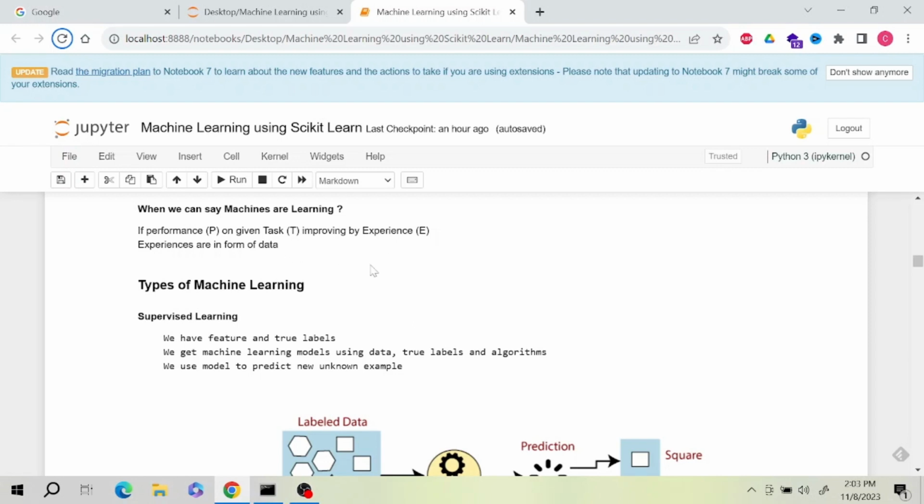Whatever data we feed to the machines is basically the data of experiences. As we provide more and more data, and we have already defined what task needs to be achieved, we expect that the machine should get better and better at it. And if that is happening, then we say machines are learning.